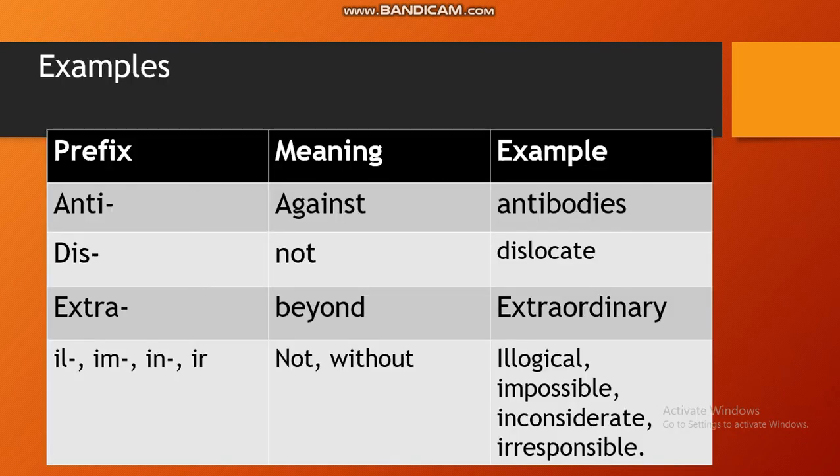I want you to observe this table. We have here the prefix, its meaning, and an example. Students, these are the commonly used prefixes. First, anti. It means against. Antibodies. Prefix dis means not.